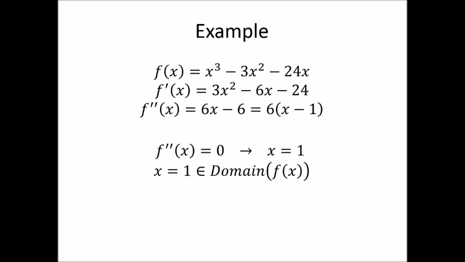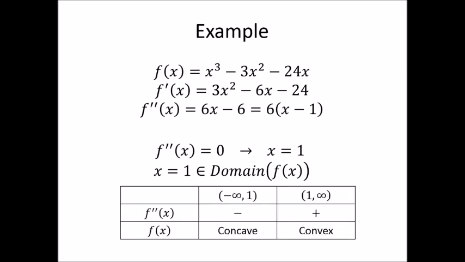So I verified that it is in fact an inflection point, that to the left the second derivative is negative. So from that I can conclude that the function is concave to the left, and it is convex to the right because the second derivative was positive. So you make yourself just a little table like that as you're working the problem.